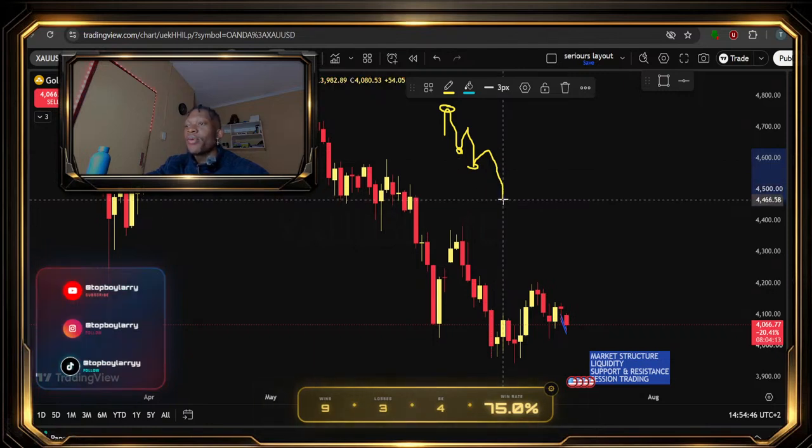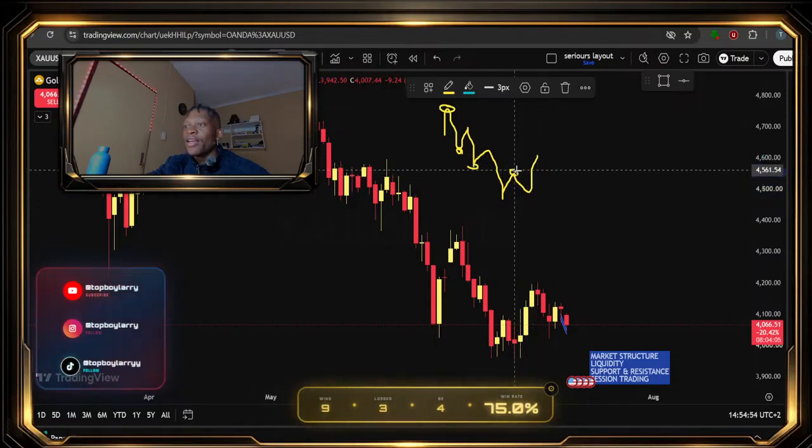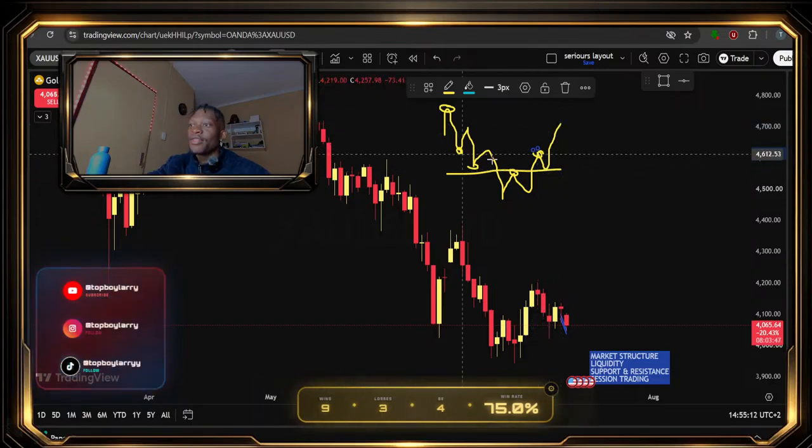And when price changes structure, this lower high is going to get broken in this area here. We're going to see price break and move above this previous lower high, and then we're going to start seeing price create new highs. Now we're in an uptrend instead of a downtrend.